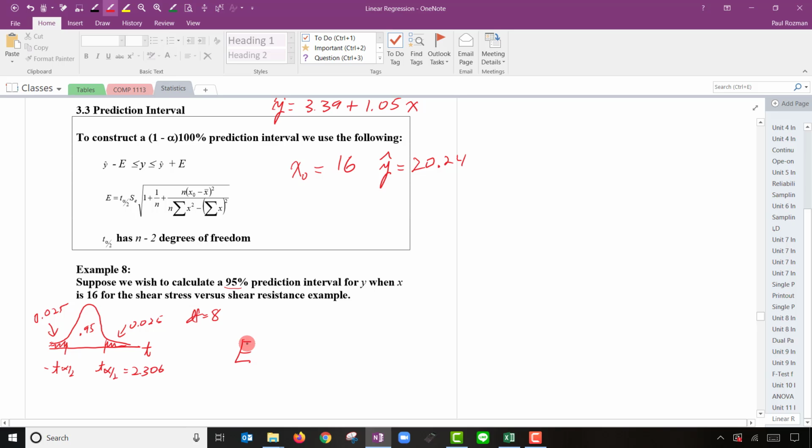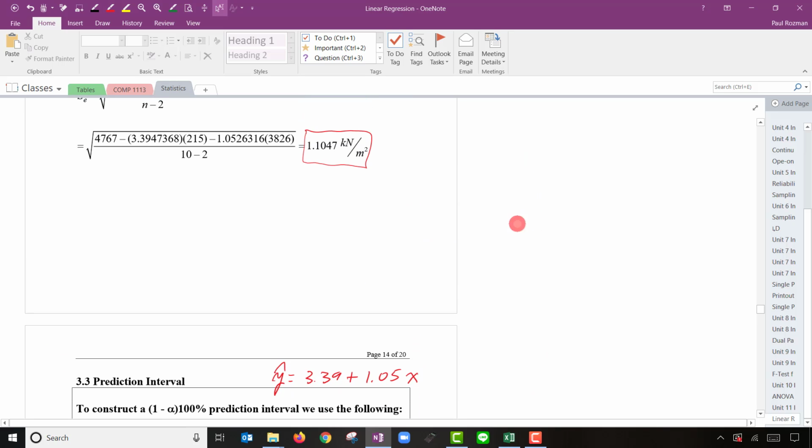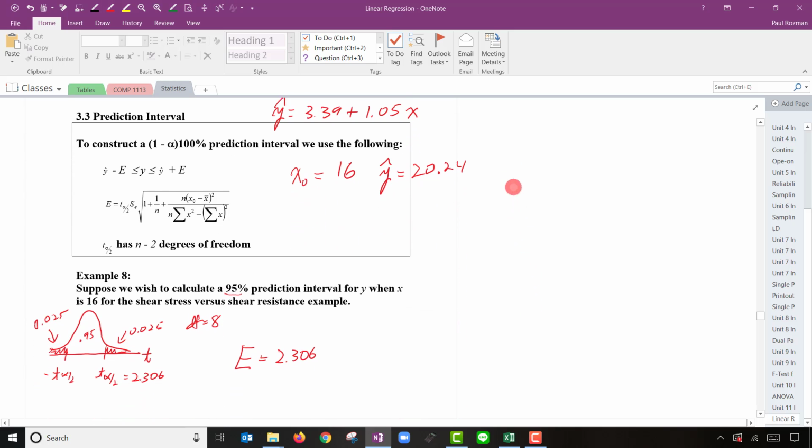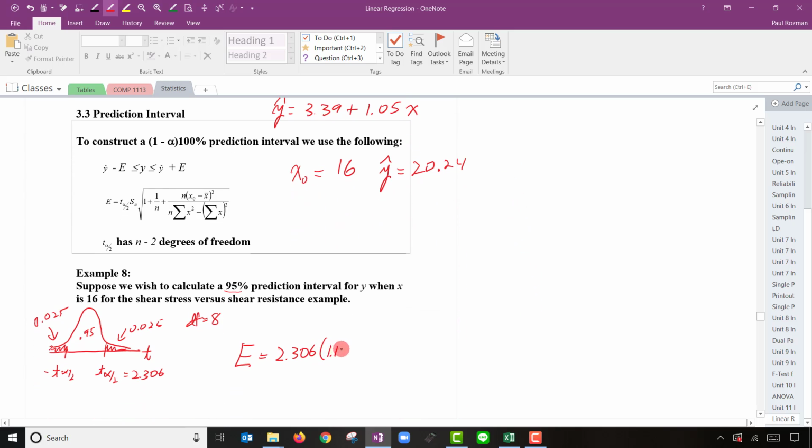And now we can calculate error. Error is this t-score, 2.306, times our standard error. Luckily, we've been working through this the whole time. The standard error we just calculated was 1.1. Might as well put as many decimal places as I had there. And then we have 1 plus 1 over n. In this case, we had 10 pairs of values.